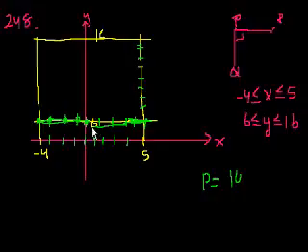But since we're including 6, the y could take on 11 spots, right? You could count them: it could be anything between 6 and 16, including 6 and 16. So there's 11 possibilities for the y. That means that there are 110 different possible P's, right?